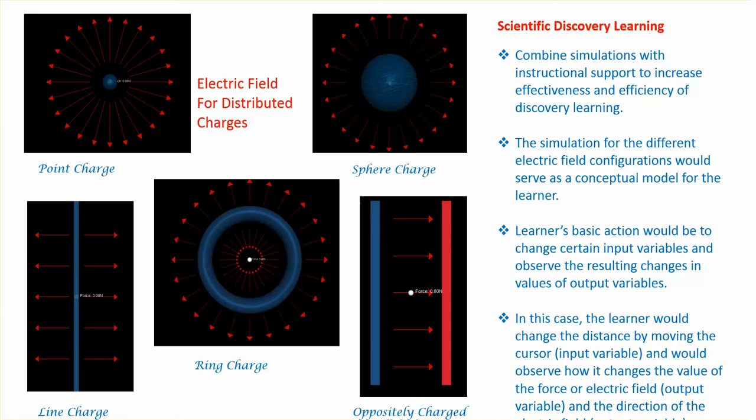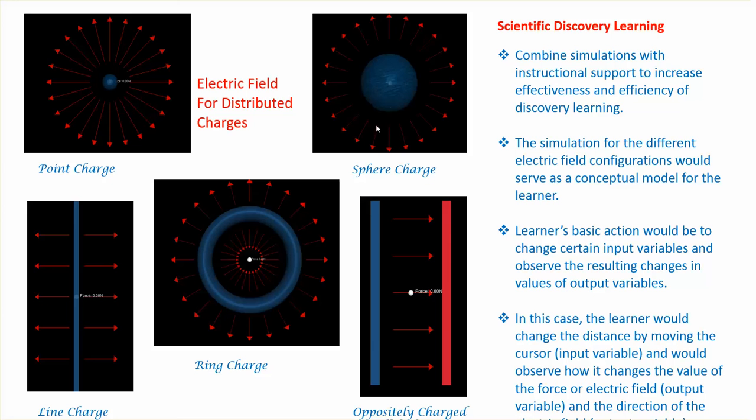What the students would do is modify certain input variables and observe certain changes in certain output variables. Specific to this simulation, the students would change the position of the haptics cursor in and around these configurations and see how the electric field changes with distance at different points.